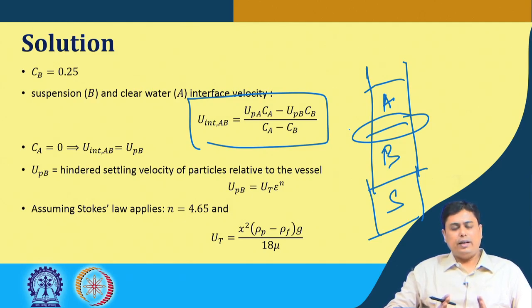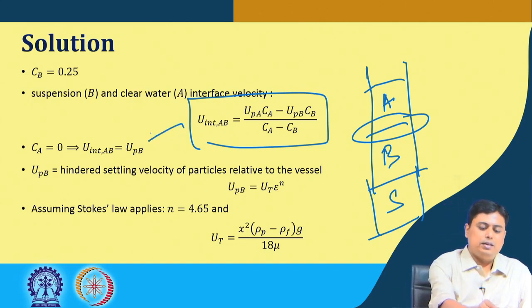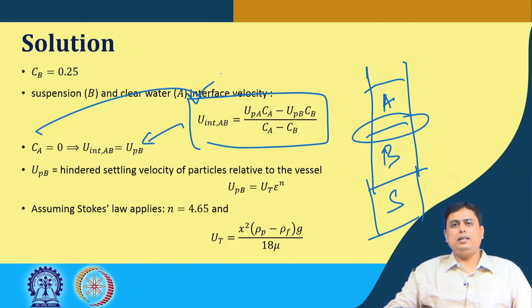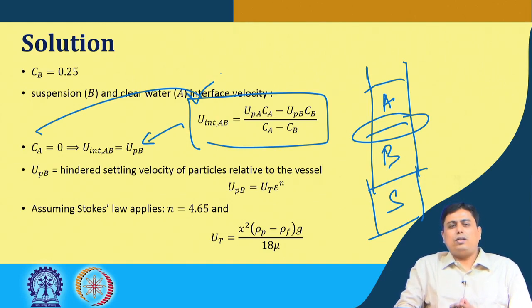Now, for the clear liquid section, the concentration of A is 0. So, if I put that into this expression, Ca is 0, which means the interface velocity, or the interface settling rate, is basically the settling flux rate at zone B of the particles, that is UPB.